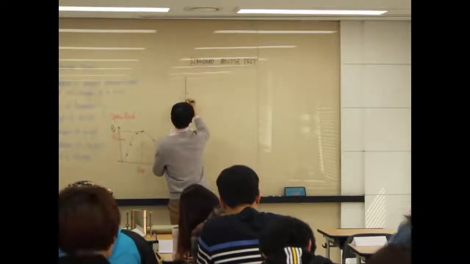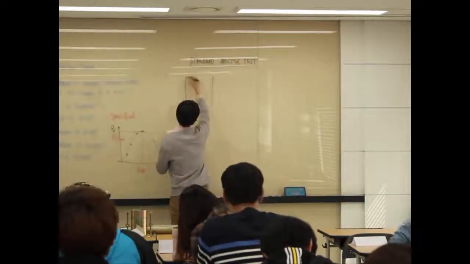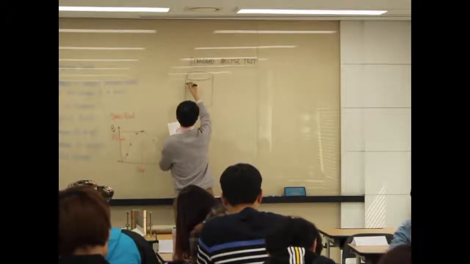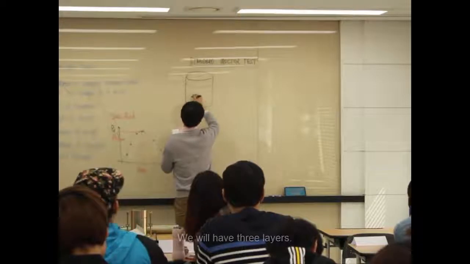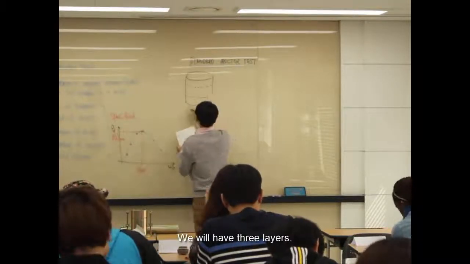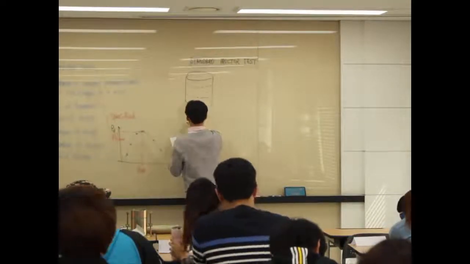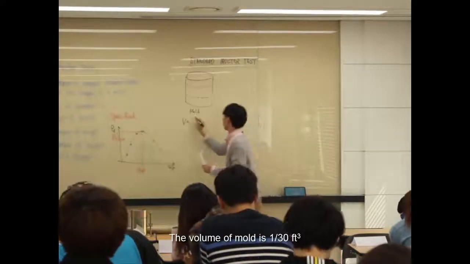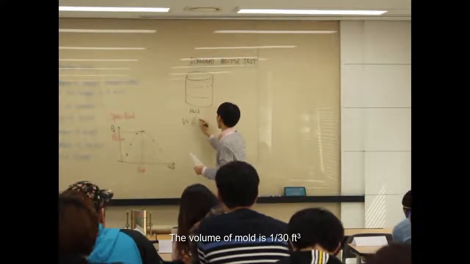So then let's find out the procedure of this standard test. The mold will have 3 layers, and the volume of the mold is 1/30 cubic feet.